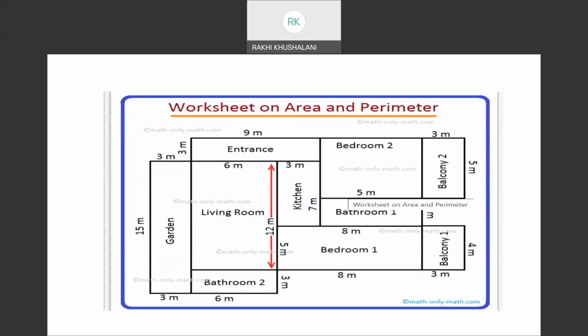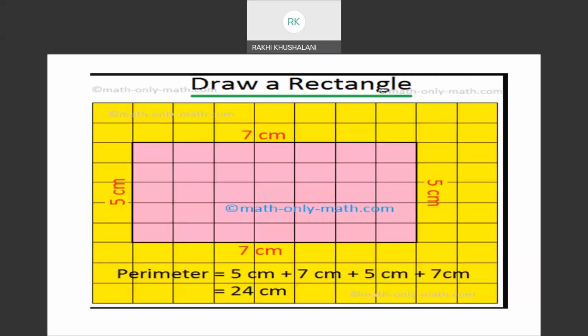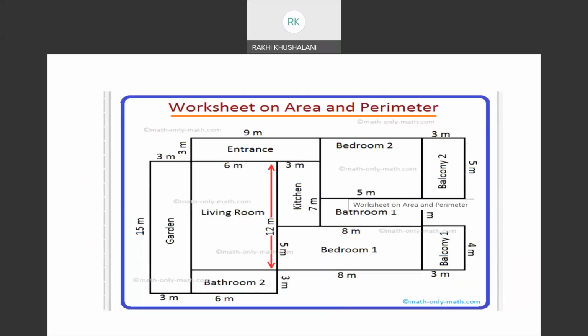So here, this is the bedroom with 5 plus 5 plus 5 plus 5, which is 20 meters.